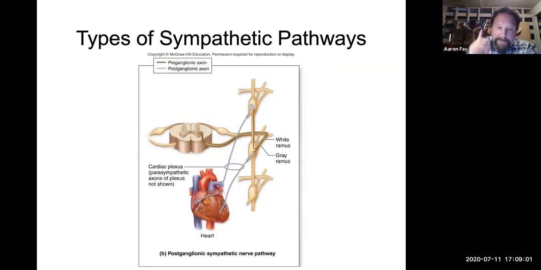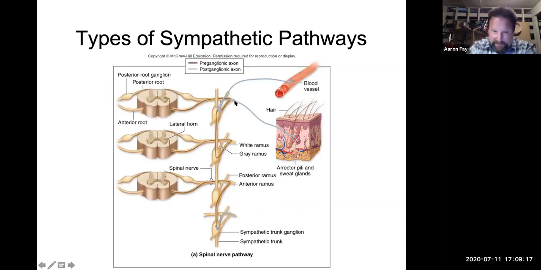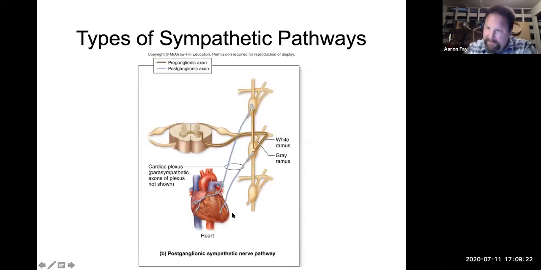Okay, postganglionic sympathetic nerve pathway. This is a different pathway. Notice that the postganglionic axon is not leaving by the spinal nerve. Here it is leaving by the spinal nerve; here it is not leaving by the spinal nerve. So in this example, we have our preganglionic axon leaving the anterior root, passing through the white ramus.